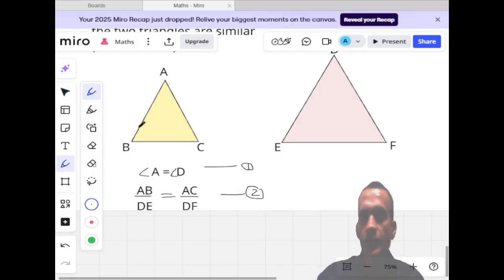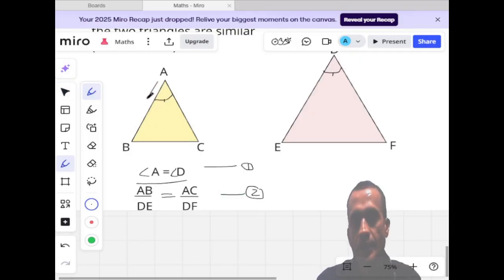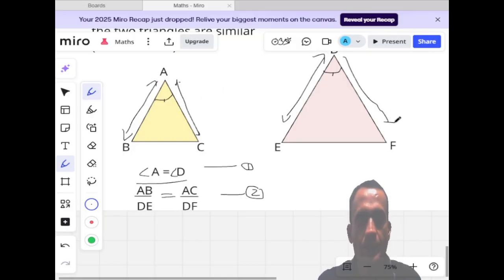So we are given two conditions. One is angle A is equal to angle D, and the sides including this angle are AB, AC, and here we have DE and DF.